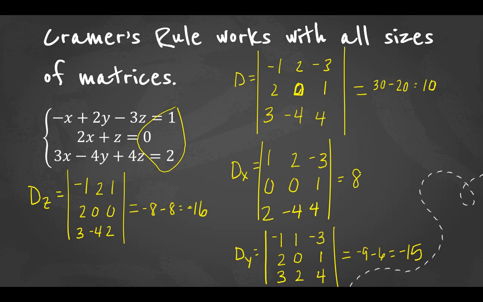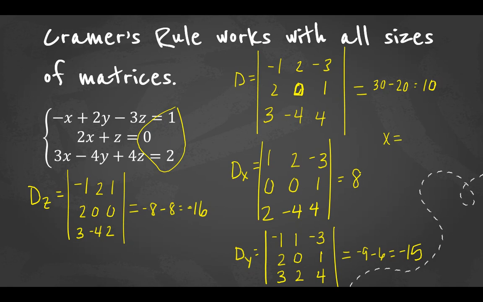So the nice thing when you're using your calculator, which you can, put in the first one, and then you can just go in and change the columns. You don't have to re-enter the whole matrix. That's kind of nice. And then take the determinant again. Is negative 16 right, guys? Okay. Thank you.